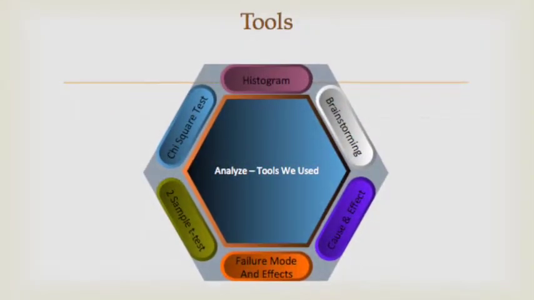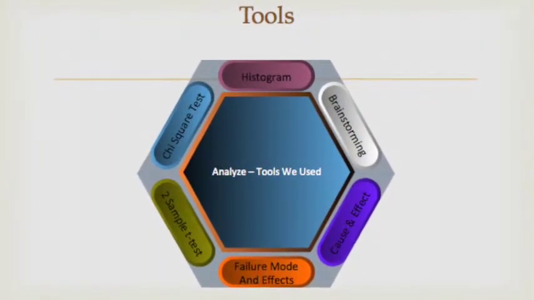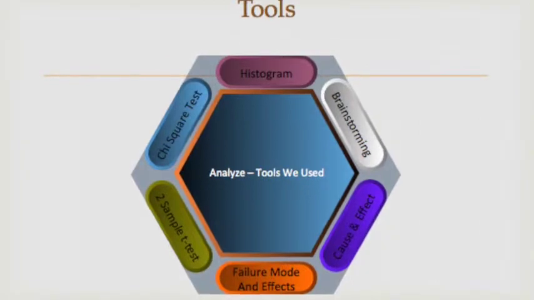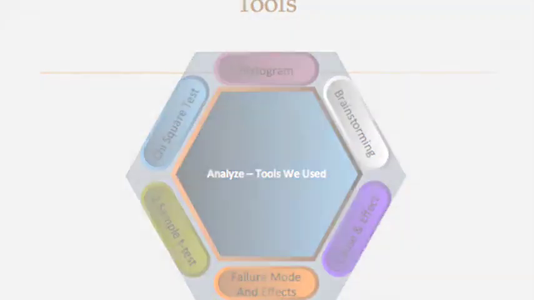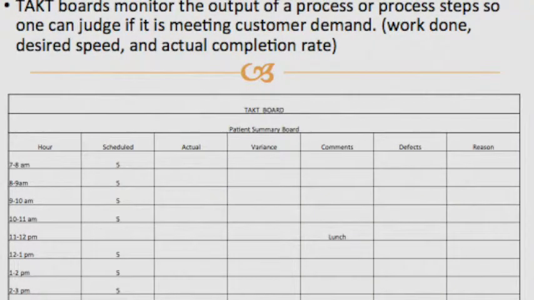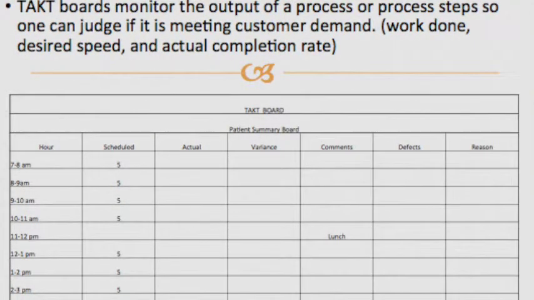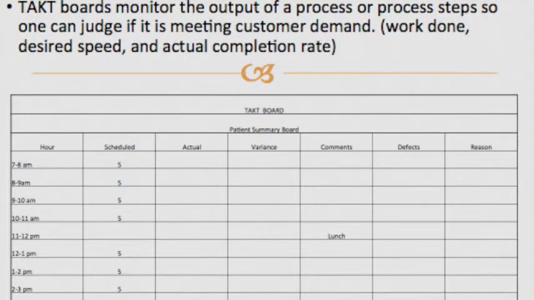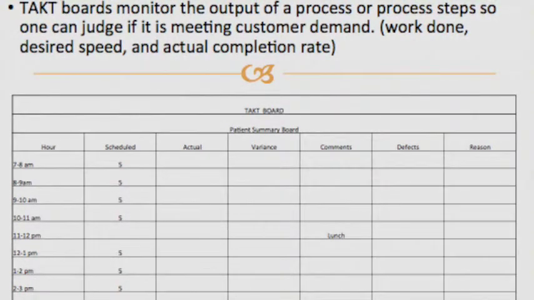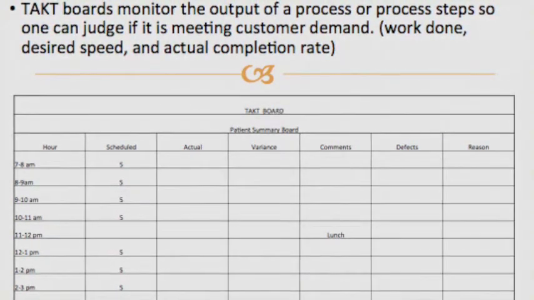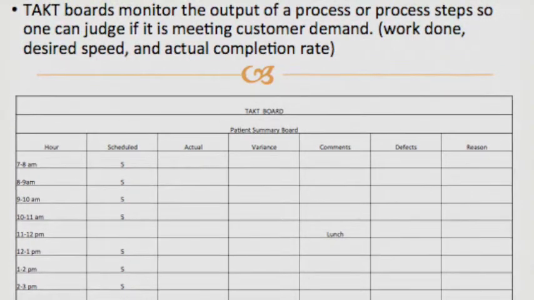Tools has 6 stages: histogram, brainstorming, 2 sample test, chi-square test, failure mode and effect, and cause and effect. Here we are talking about dashboards that monitor the output of a process or process steps, so one can judge if it's meeting customer demand like work done, desired speed, and actual completion rate.